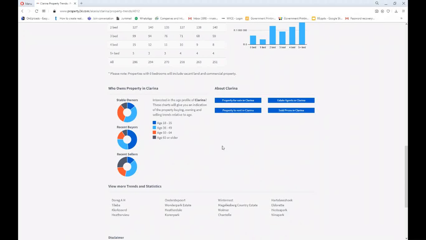Now, if you look at this pie chart, the recent buyers, it's between the age of 18 and 35, and it is in total 48.5%. So you will know if you either want to do a development here or you want to sell a development here. This is the target market that you're going to target, and your layout and your architect plans, everything for this specific area.